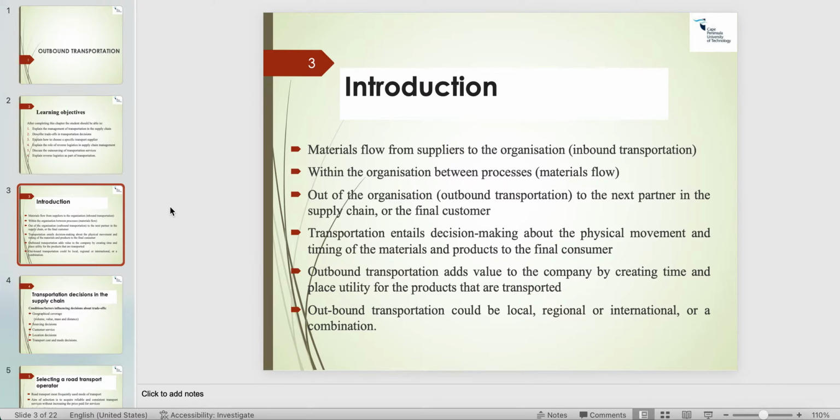Remember, in inbound it was raw materials, semi-raw materials, or equipment and assets coming in, but when it's outbound it's mostly the final product. So obviously it is going to add value to the company, in the form of utility and finances as well. Outbound transportation can be regional, national, international, or a combination of all of them or two of them together.